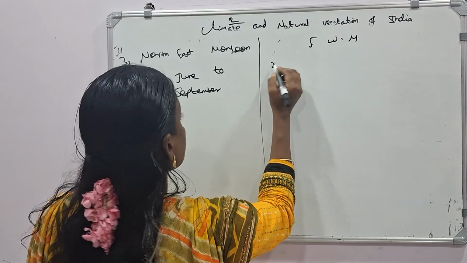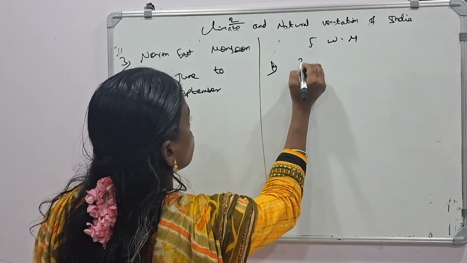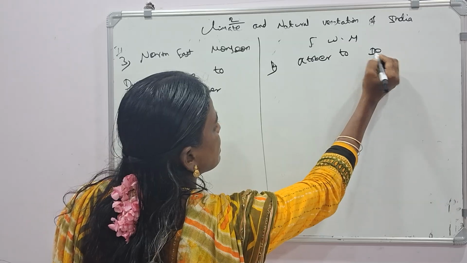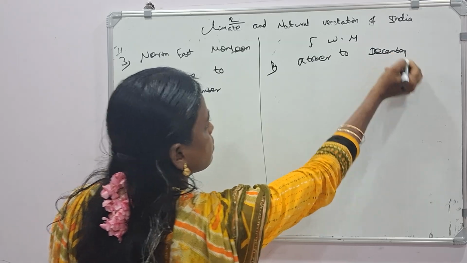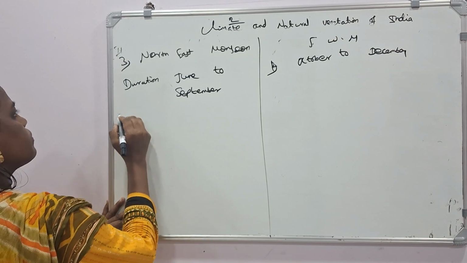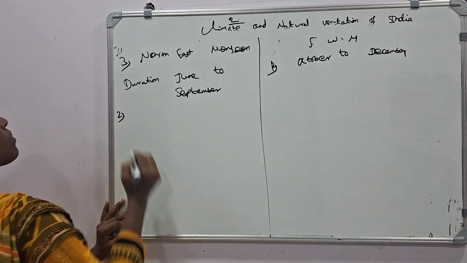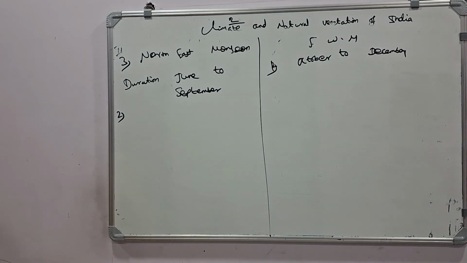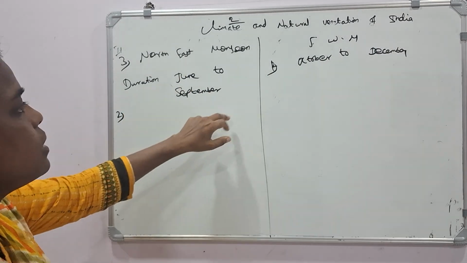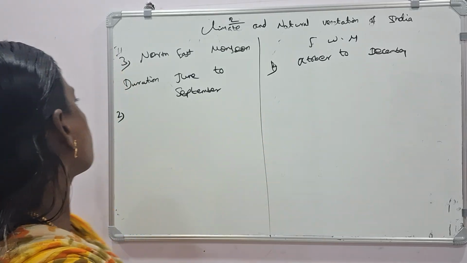Second one, October to December. Northeast monsoon and southwest monsoon: southwest duration June to September, northeast October to December.